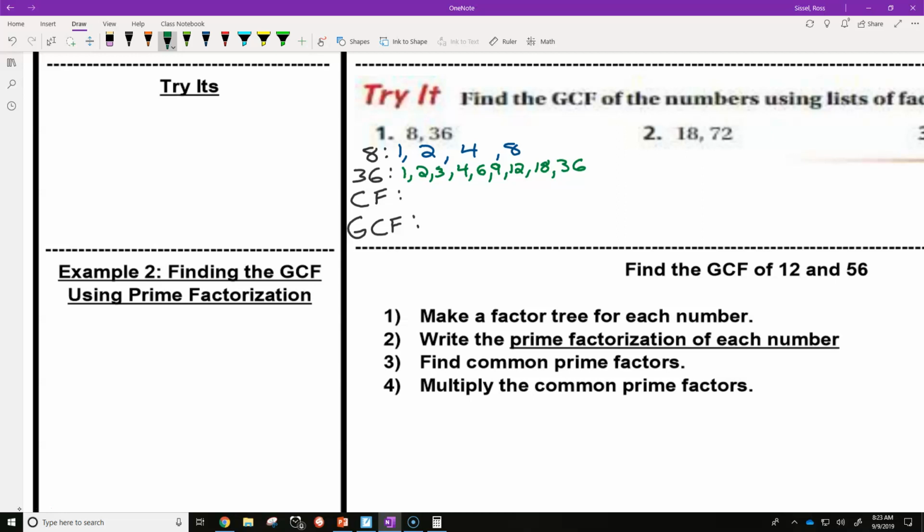Good. Can't do 5, but I can do 6 times 6. Honestly, this is the hardest part. This is the hardest part of method 1.